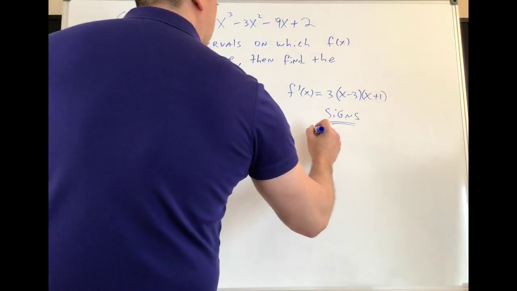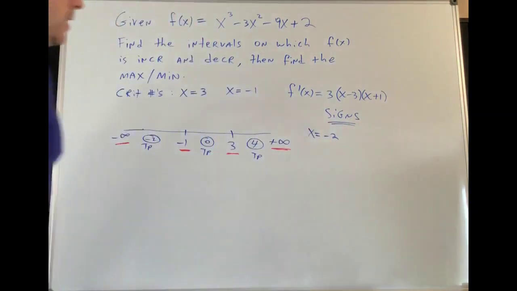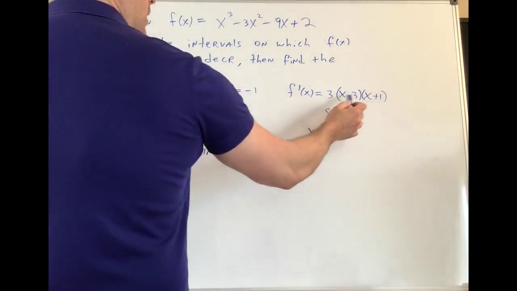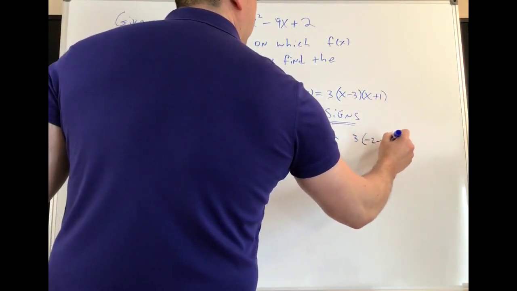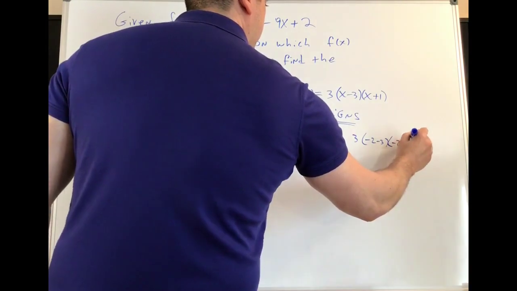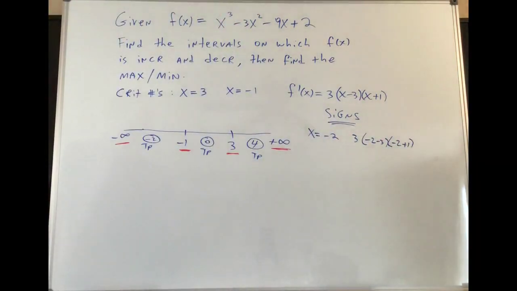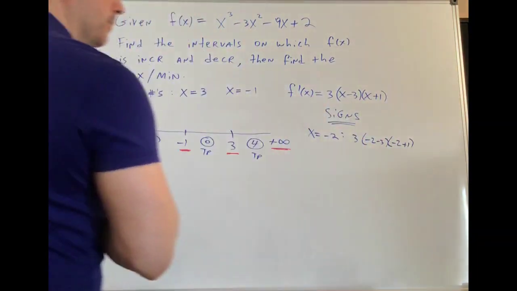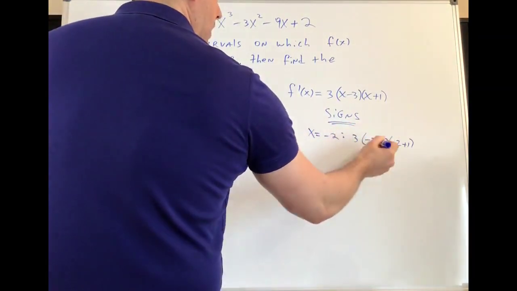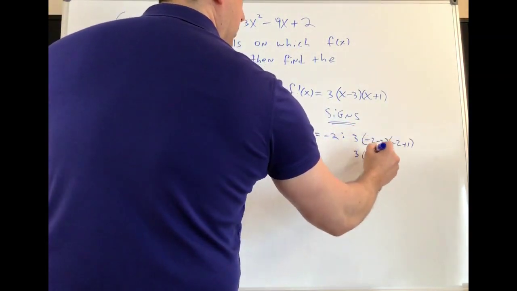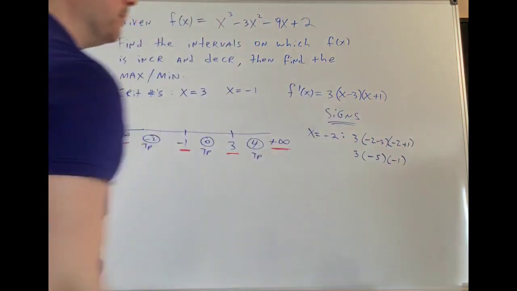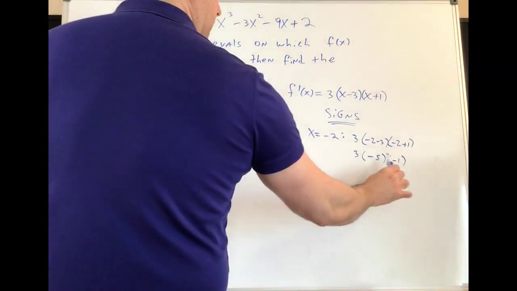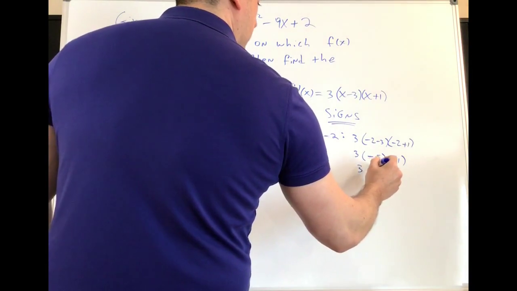So first I'm going to check x equal negative 2. I'm going to go to my derivative, and I'm going to replace the x's with negative 2, and determine my sign. I get negative 2 minus 3 is negative 5. Negative 2 plus 1 is negative 1. Negative times a negative is positive.